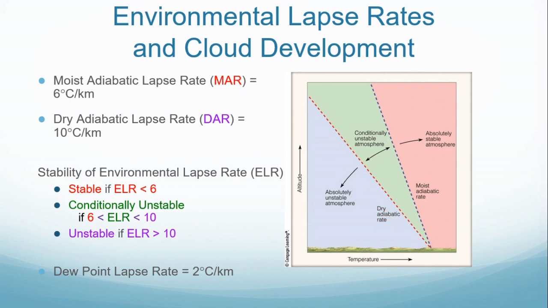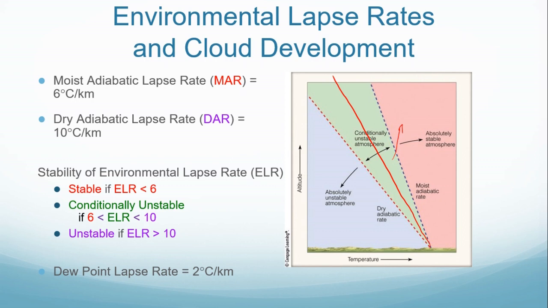The third option is right in the middle. If the environmental lapse rate is some number between 6 and 10, then it's what we call conditionally unstable. If the parcel is moist, it will cool at a slower rate, so it'll stay warmer longer. It'll be buoyant, and you'll have rising motion.